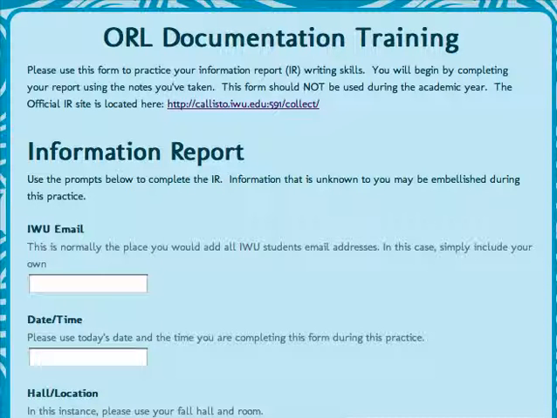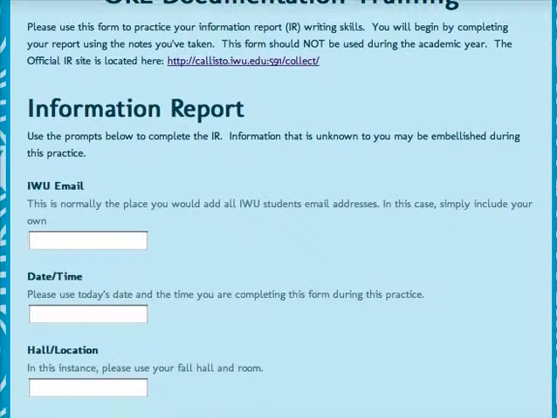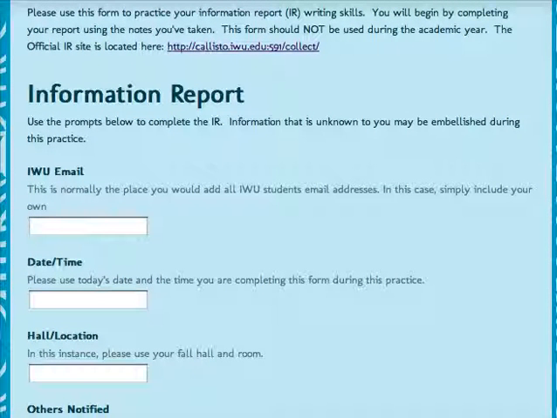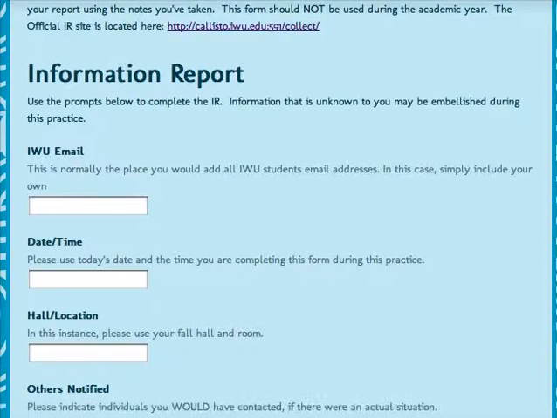When you use the link, this is what the training document will look like. Notice that it does say this form should not be used during the academic year, and it has a link there for the actual document. But this gives you the same basic layout as what an IR would look like on the official ORL web page.